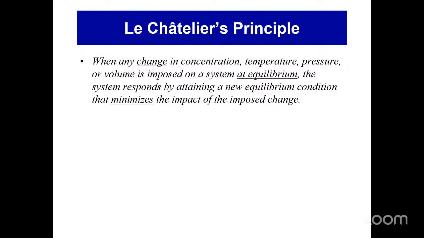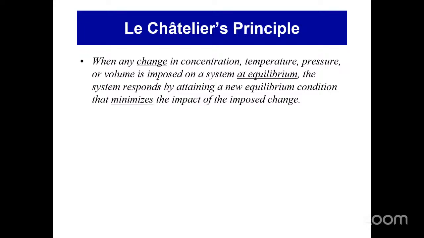And if you look in different textbooks, you see that the principle is worded in different ways. The way it's expressed here on the screen is: when any change in concentration, temperature, pressure, or volume is imposed on a system at equilibrium, the system will respond by attaining a new equilibrium condition that minimizes the impact of the imposed change, right? So it's a bit wordy, but basically that's what this principle says.